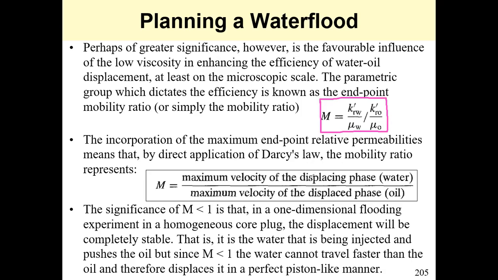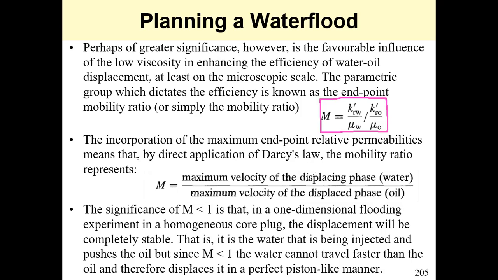It's quite intuitive to know that, of course, if the maximum velocity of your displacing phase is higher than that of the oil, you would not have a stable displacement. You would have the water racing ahead of your oil.